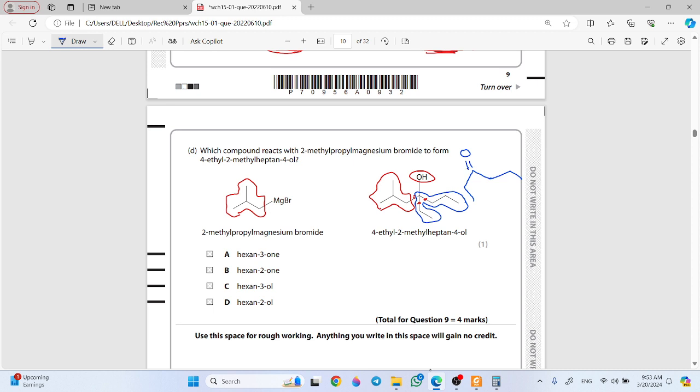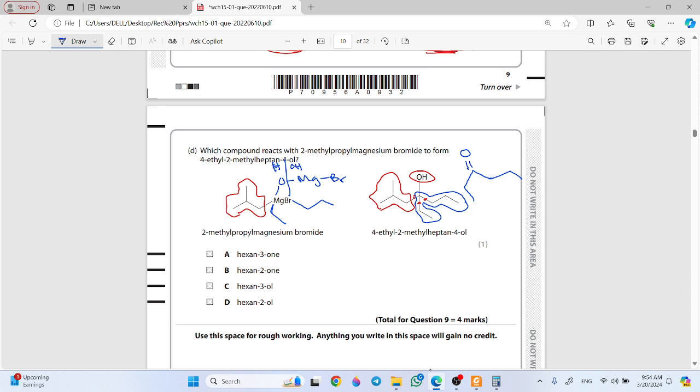So if you connect this fellow into here, what will happen? For this MgBr, this group will attach, and this sort of group will attach, and this one becomes what, children? OMgBr. Right? Then once you hydrolyze it, H goes here, OH goes here.